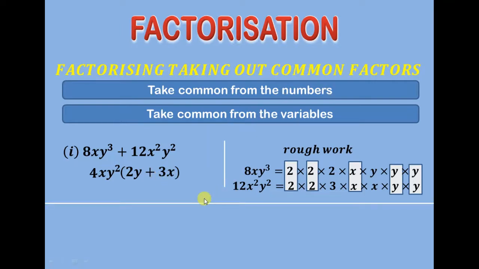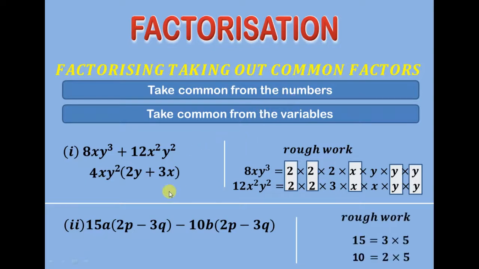Let's take another problem: 15a inside the bracket 2p minus 3q, minus 10b inside the bracket 2p minus 3q. We know that first I need to take a common from numbers. I can write 15 as 3 into 5 and 10 as 2 into 5, so common is 5.